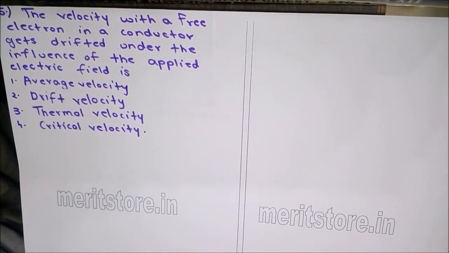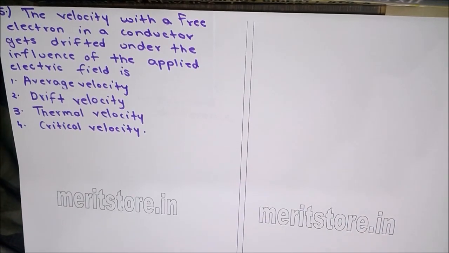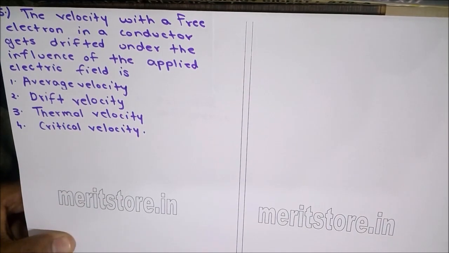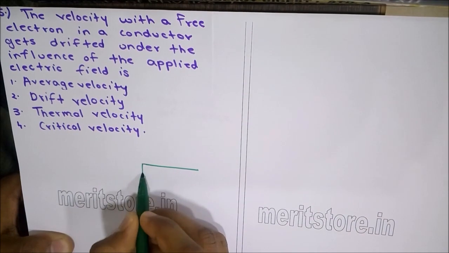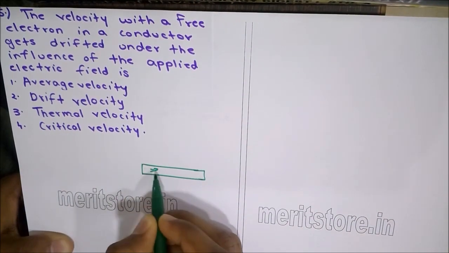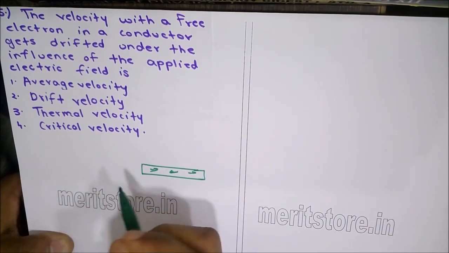The velocity with which a free electron in a conductor gets drifted under the influence of applied electric field is. We've got 4 options: average velocity, drift velocity, thermal velocity, and critical velocity. For a conductor, electrons are flowing in random directions when there's no potential difference applied.